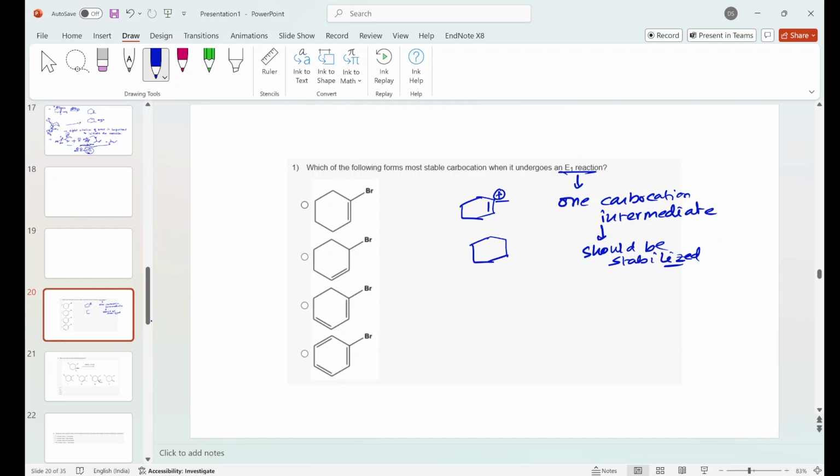This one, if the carbocation is generated here, it is an allylic carbocation, so it will have some resonance like this, and this will be stable, right? Similarly for the other two cases, this carbocation is not stable. On a benzene ring, carbocation, forget about it. This is not stable at all. So this one will be the right answer.